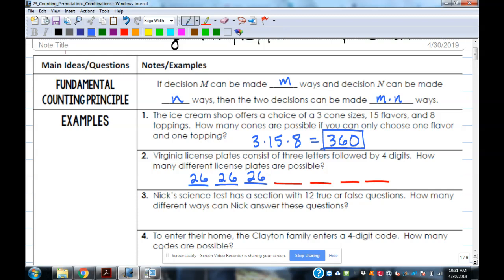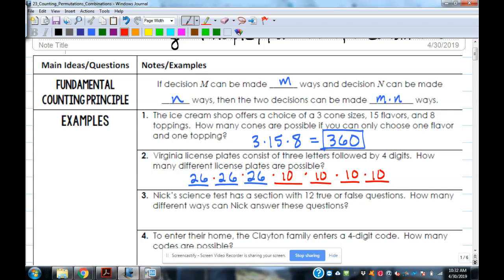All right, so how many digits are there? 10. 0 is a digit: 0, 1, 2, 3, 4, 5, 6, 7, 8, 9. So there's 10 digits. Let me write that in red. 10, 10, 10, 10.